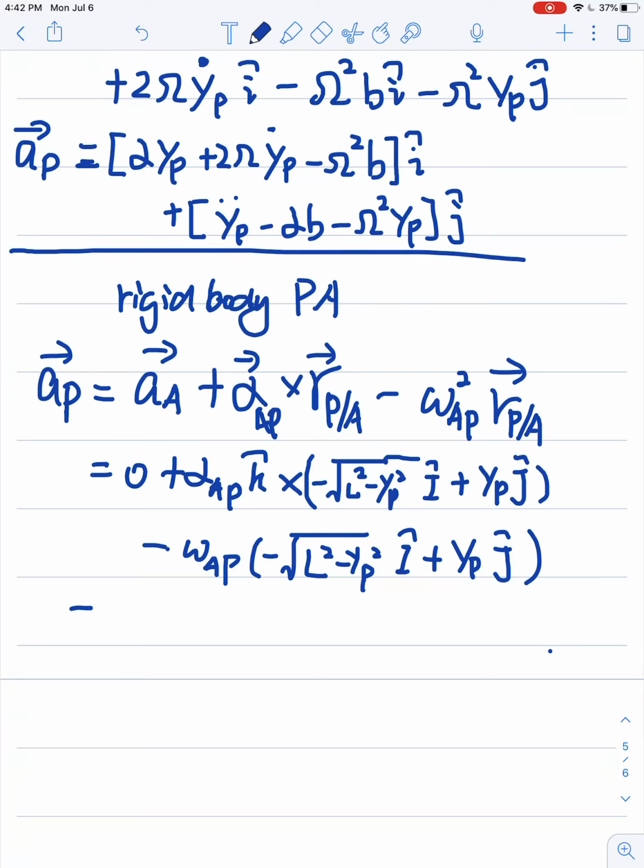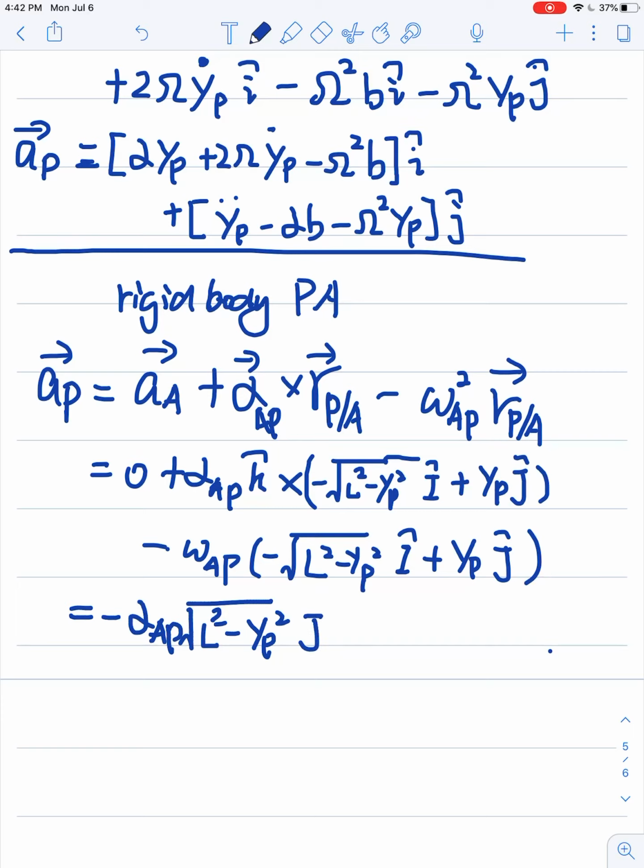And then all you need to do is the cross product. Let's do it. So we end up with negative alpha AP square root of L square minus YP square.